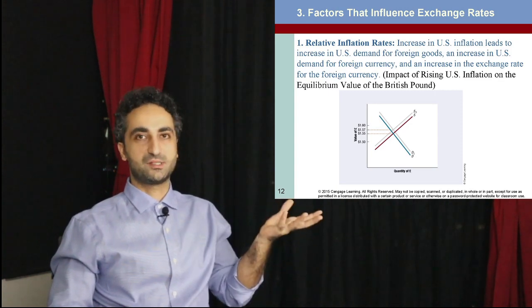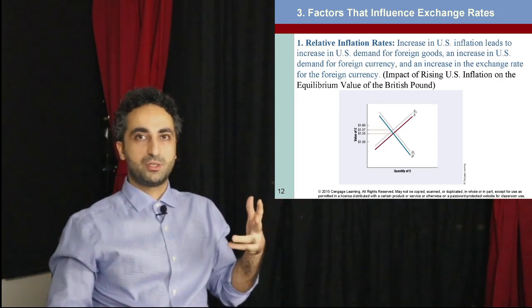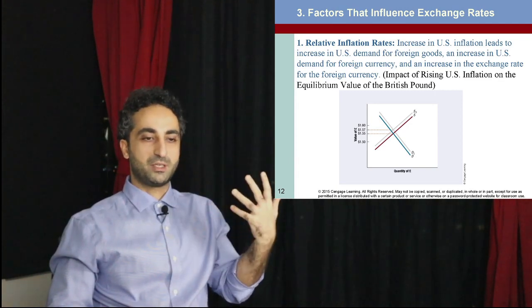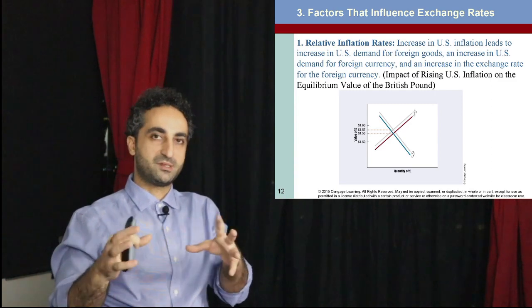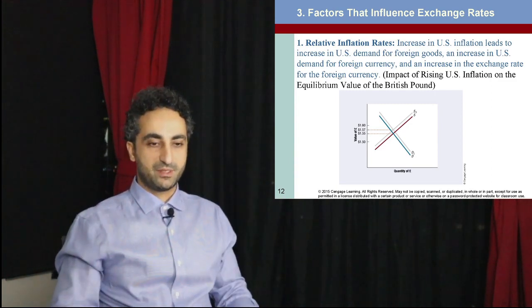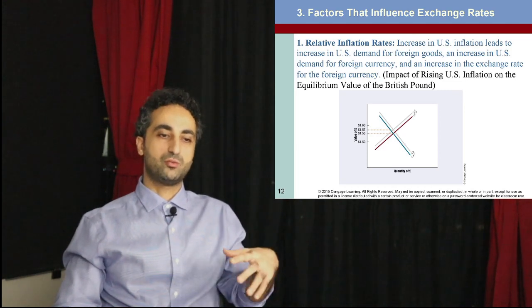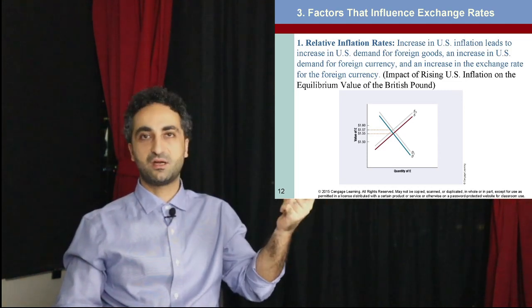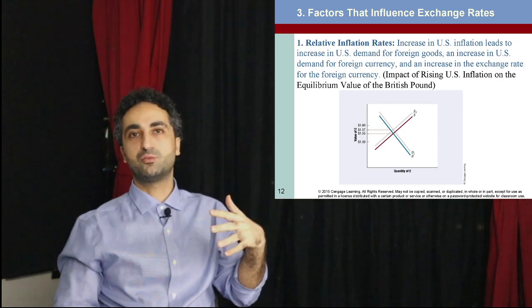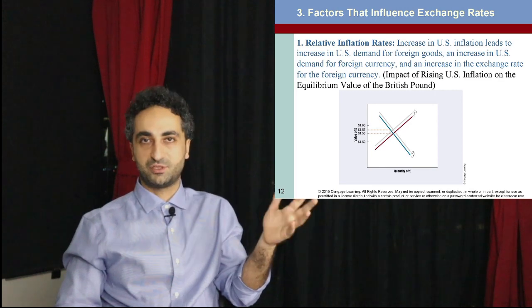So when prices of American goods go up, you start buying from outside because you have money and prices are going up. And then an increase in the exchange rate. When you want to buy foreign goods, you need to buy that currency first. When you buy from the UK, usually you pay in British pound.